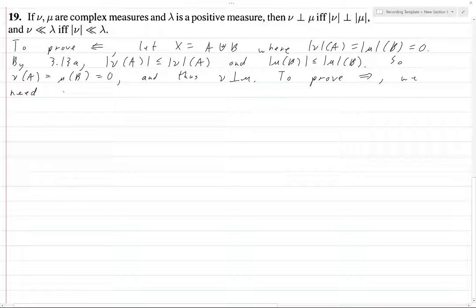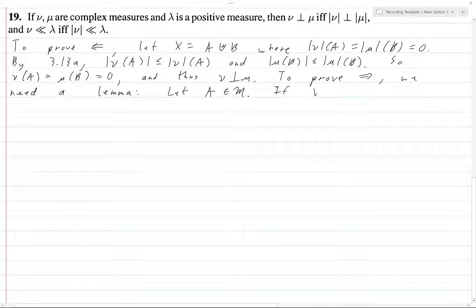For this direction, we need a lemma. That will be as follows. Let A be in whatever sigma algebra we're working on.